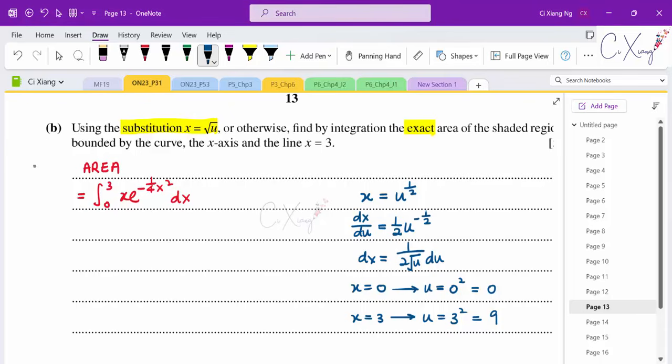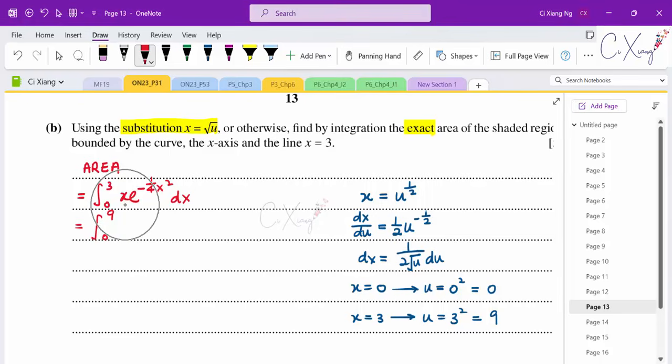Then we substitute all the information into our equation, changing all the x to u. The lower limit is still 0, and the upper limit 3 becomes 9. So we settle the limit part.